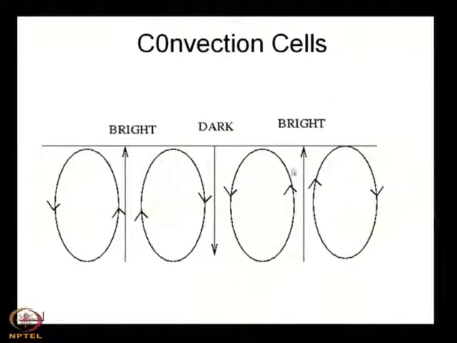The amount of radiation that comes out depends on the temperature. That is the Stefan-Boltzmann law, T to the power 4. So, you will see a bright region here, a dark region here and a bright region here. If you have convection, you expect to see such dark and bright regions on the surface.